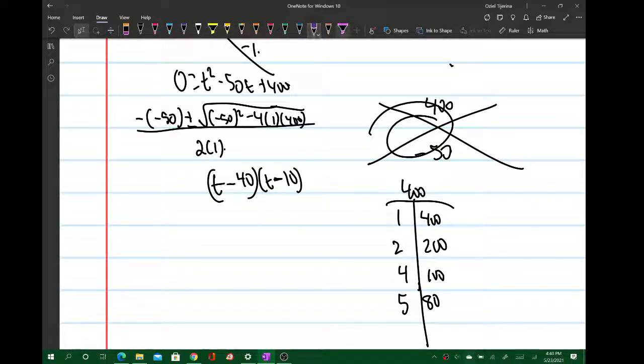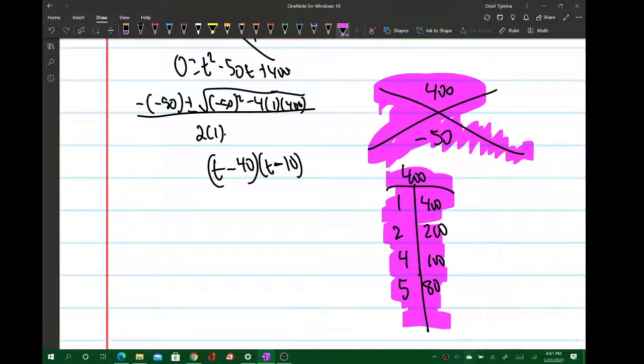Doing it this way will take a little longer, because you're going to have to do the X box, etc.